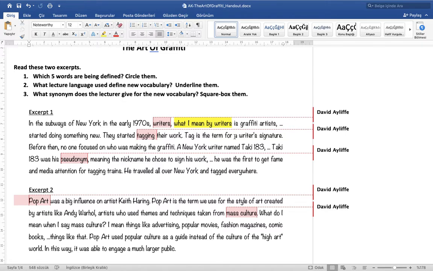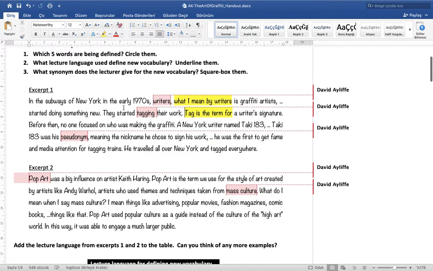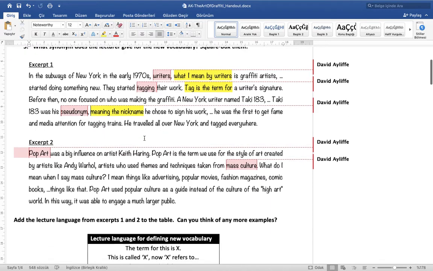Tag is the term for, so again, a language that's showing that there is a definition coming up. Then Taki 183 was his pseudonym, meaning his nickname. Again, meaning is the keyword. That means there is a definition before or after this expression, so please take note.